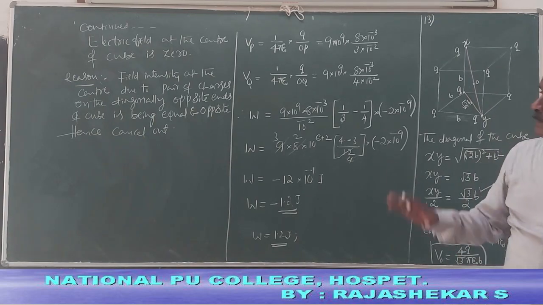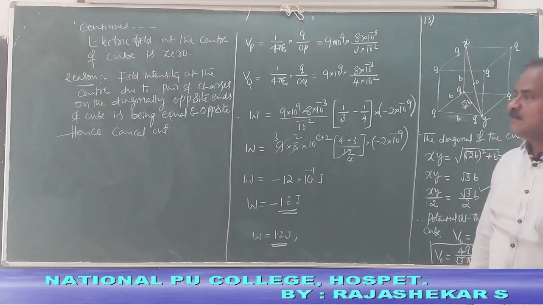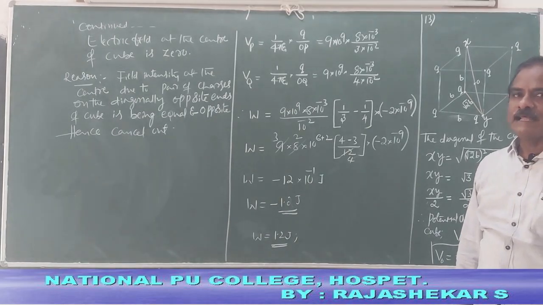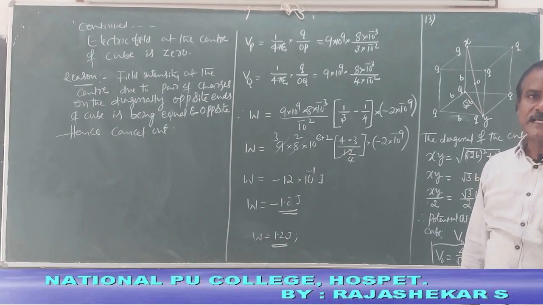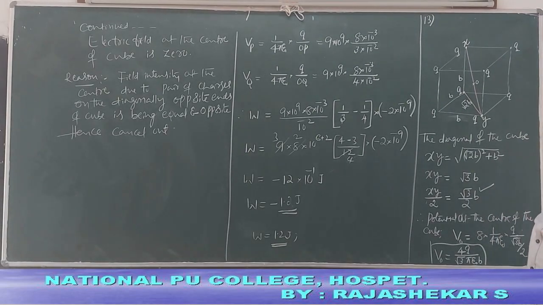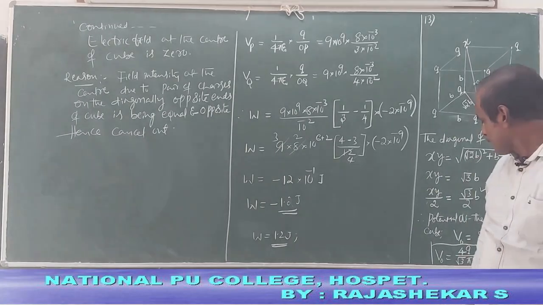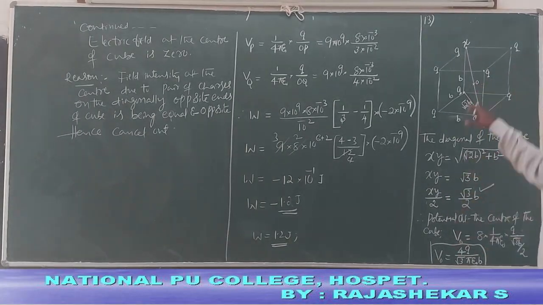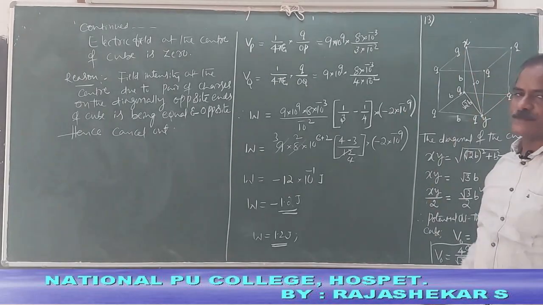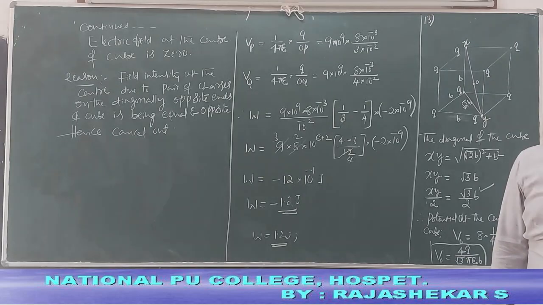This is question number 13, students, in which you are given a cube and there are 8 charges being arranged at the 8 corners of the cube. Understand? 8 corners of the cube, and you are asked to find what is the potential and the electric field at the center of the cube due to this arrangement, this array of charges.